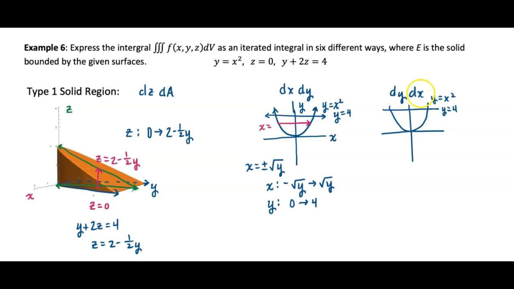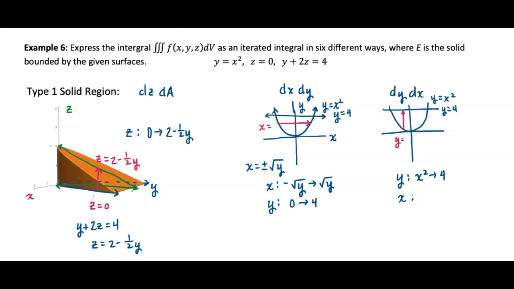For dy dx, that means y is written as a function of x, meaning I will have this vertical arrow here with some y equals. Now I can see my lower bound. As far as y goes, y is always going to be x squared along this curve. So my y goes from x squared to the upper bound of 4. And where does x go?